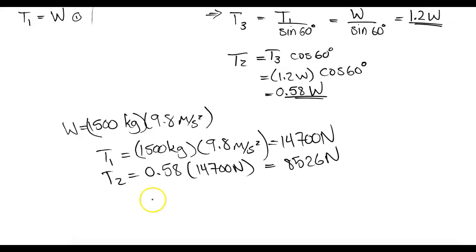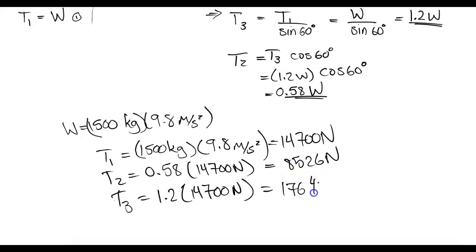And lastly, T3, which equals 1.2 times 14,700 newtons, will give us 17,640 newtons. So, depending on what the weight of the car is, we have the different tensions.